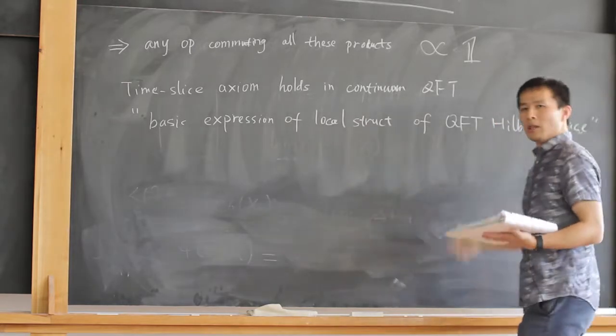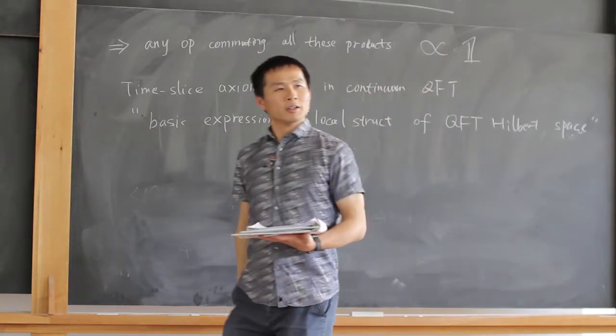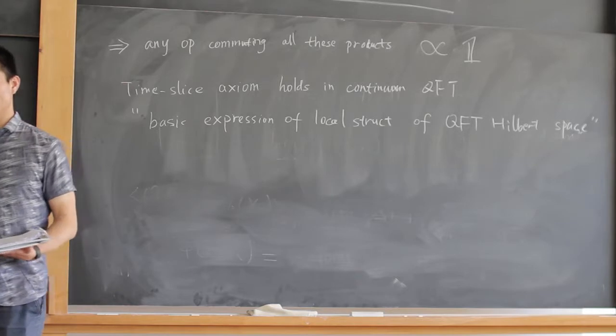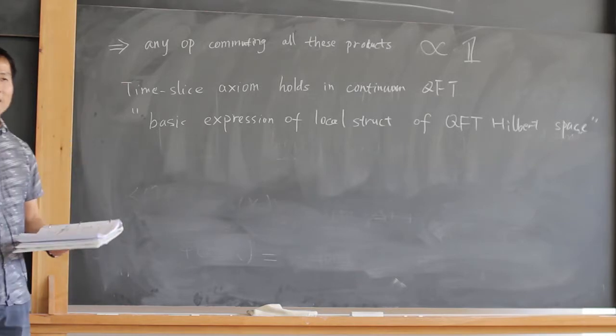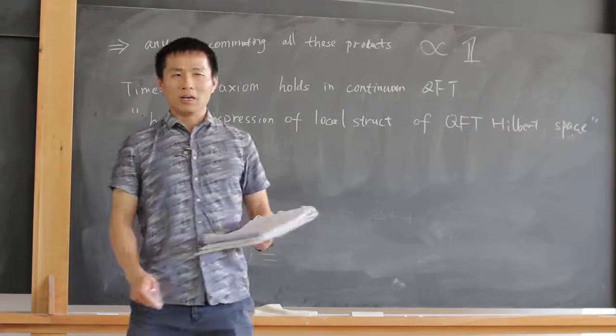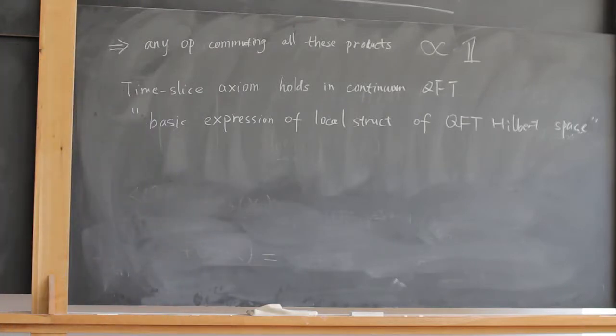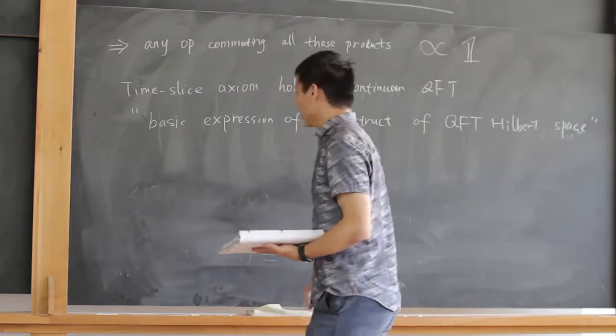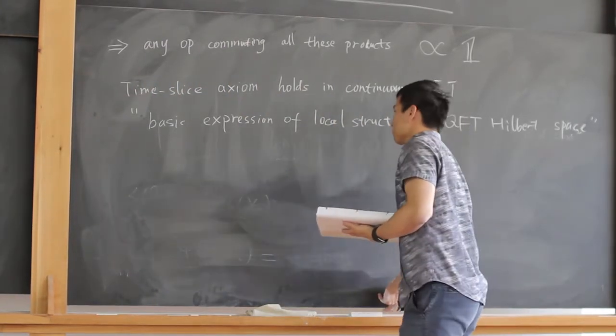It says the local data should be enough to characterize a state in the Hilbert space in a quantum field theory, that we don't need any additional data. If we had an operator that commutes with all local operators, that operator should be involved in characterizing a state. But we shouldn't have to involve that.